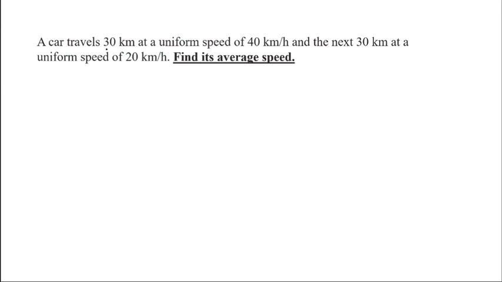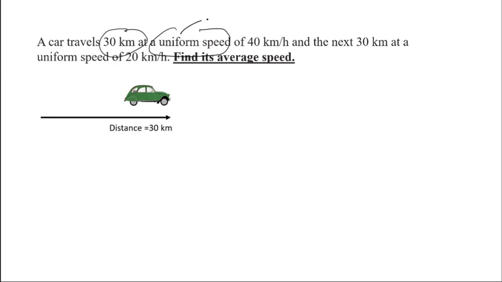A car travels 30 km at a uniform speed of 40 km per hour, and the next 30 km at a uniform speed of 20 km per hour. Many things are given here. Find the average speed. Let us try to visualize this problem. A car travels first 30 kilometers. Uniform speed means constant speed, and the speed is 40 km per hour.